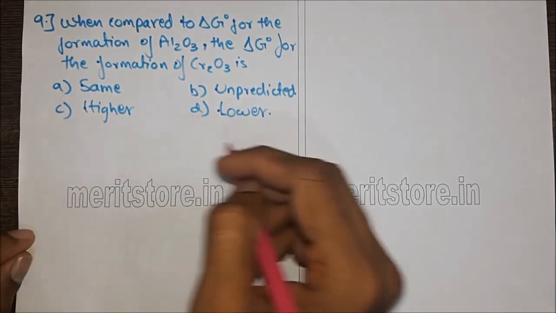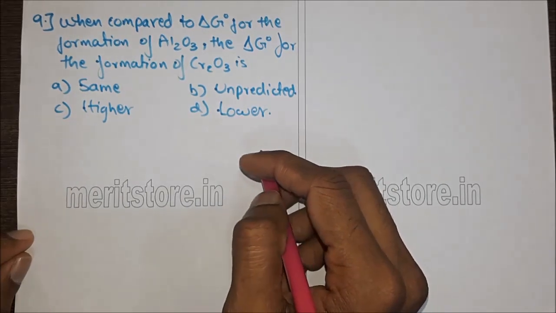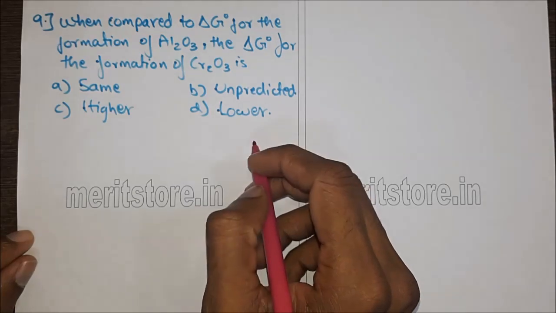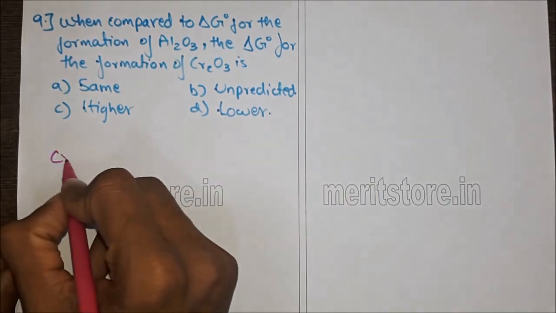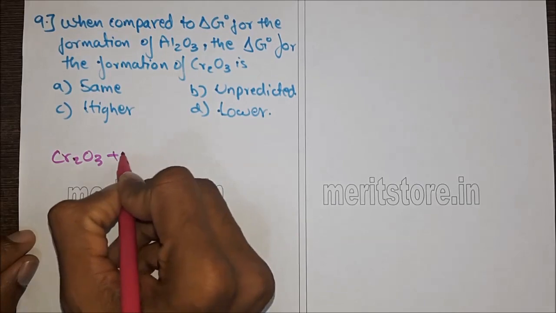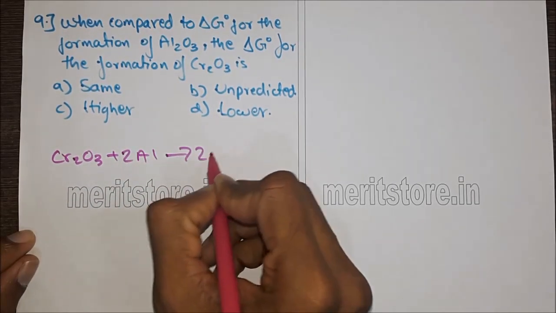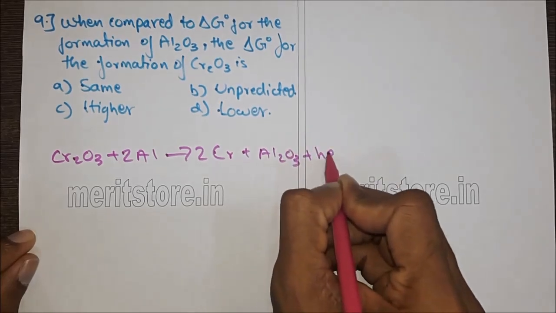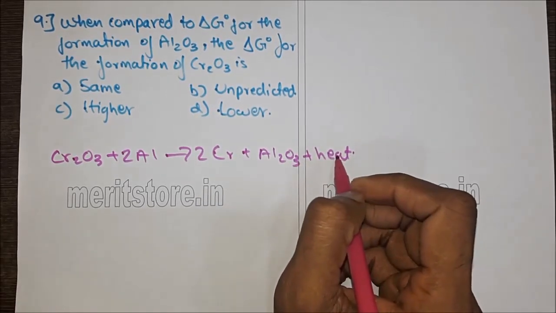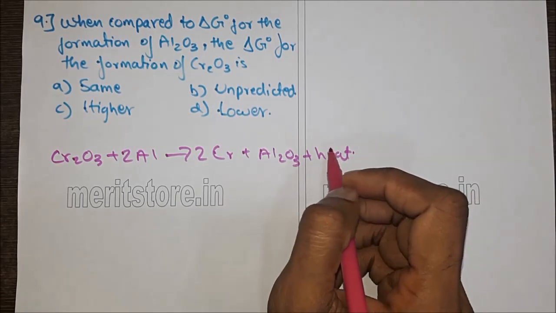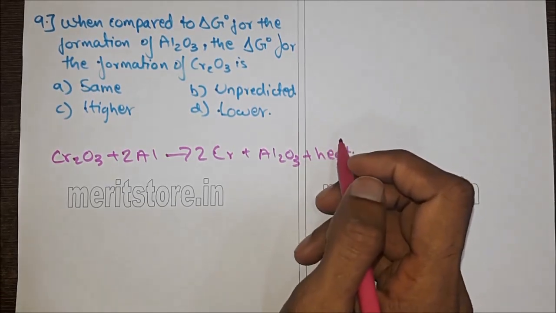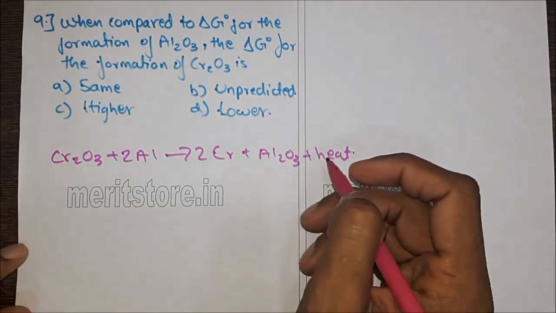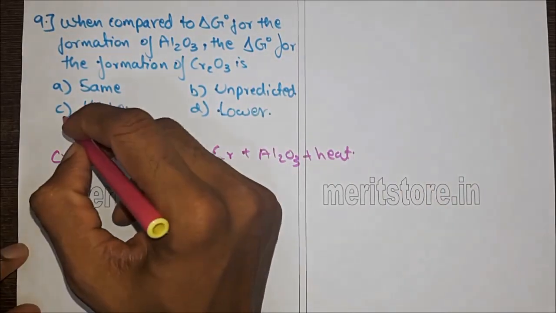Al acts as a good reducing agent and reduces oxides of metals like Cr, that is chromium, iron, and manganese, etc. Therefore, chromium oxide plus aluminium gives us chromium plus Al2O3 plus heat. Therefore, Gibbs energy, that is delta G for the formation of aluminum oxide is lower in comparison to delta G for the formation of chromium oxide. Therefore, option C is a correct answer.